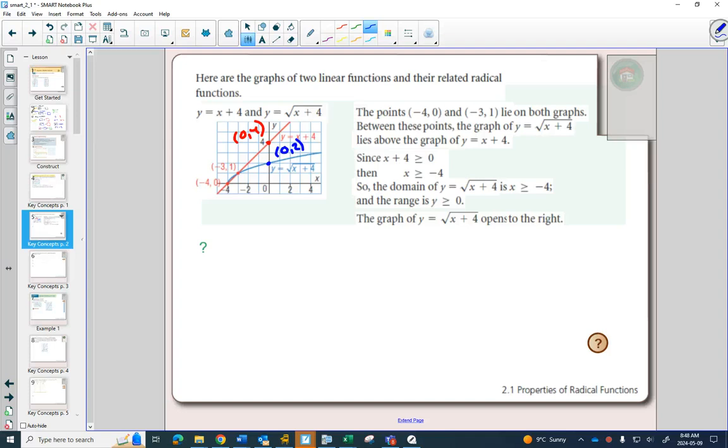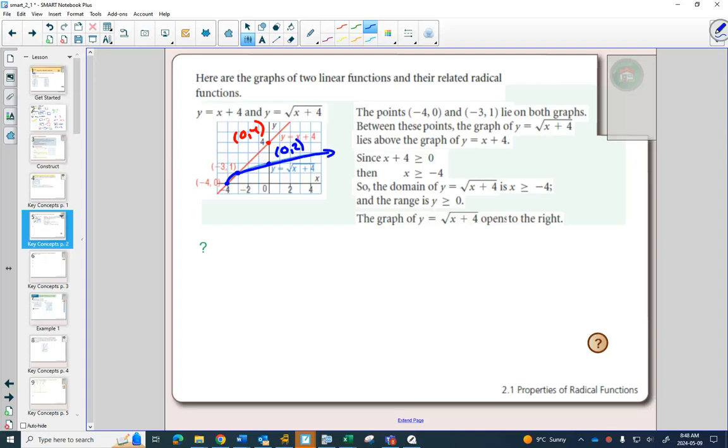Notice that on the red graph where it's 0, the blue graph it's 0. On the red graph, the inside graph where it was 1, the square root graph is 1. And then between 0 and 1, when you square root a number between 0 and 1, this has to be slightly above, because square rooting a number between 0 and 1 always gives you a bigger answer, but never bigger than 1. Just a slightly bigger decimal.